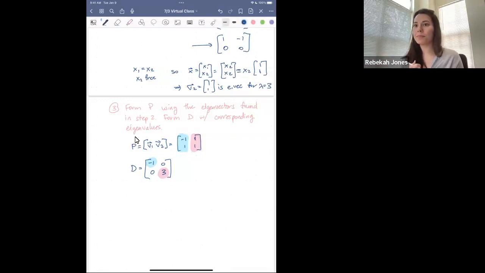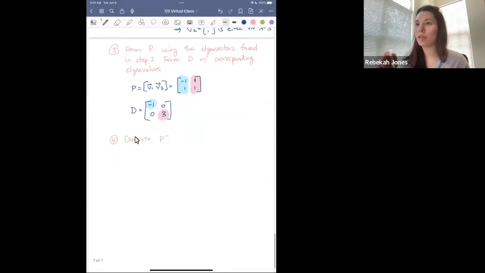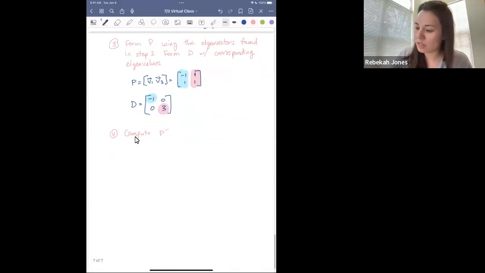Okay, good. And then the last step is to compute P inverse. Okay, and we have our matrix P right here. So let me just copy that down.